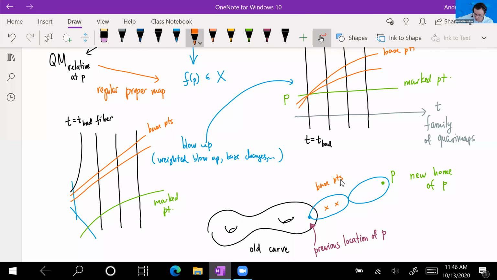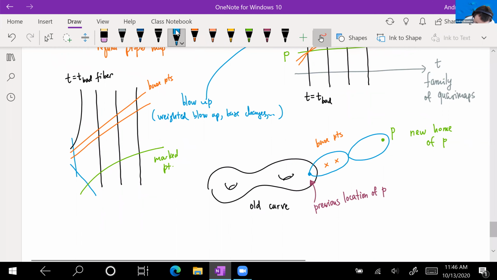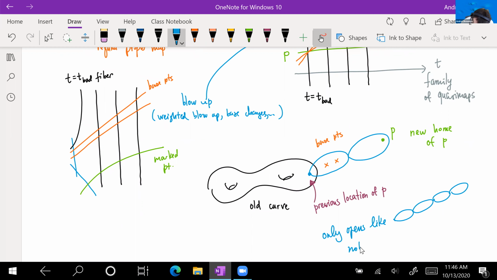It only opens like sausage links, not like cacti. And it opens just enough so that the base points don't catch your P.